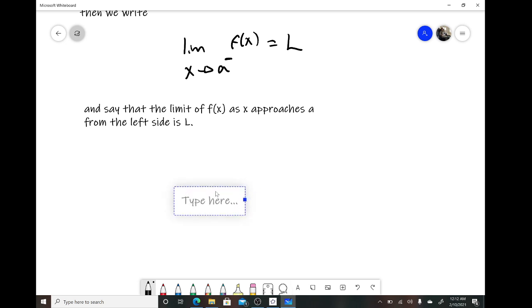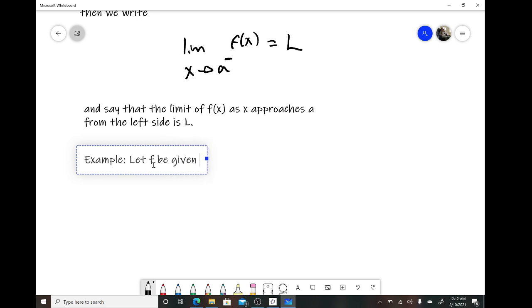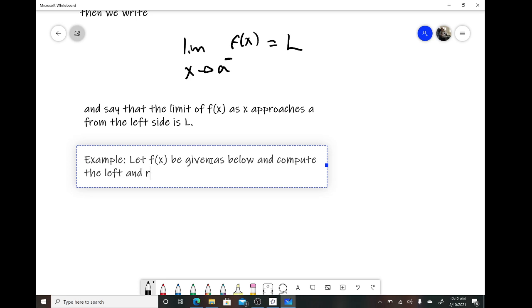So let's talk about an example for this. Let's use either tables or graphs to actually solve the following right sided and left sided limits. So, example: let f of x be given as below, and compute the left and right sided limits as x approaches 2.